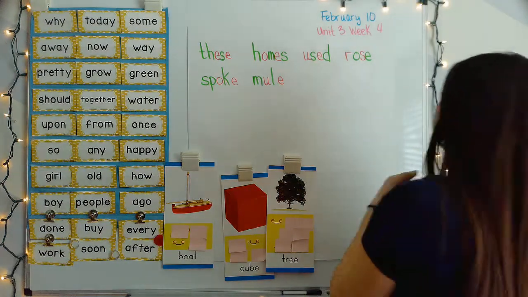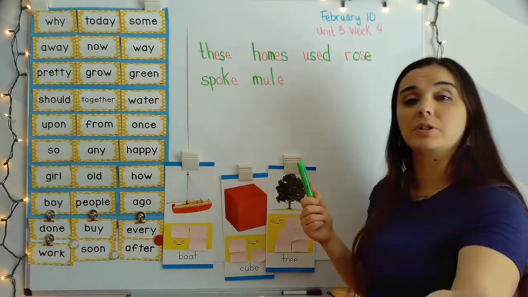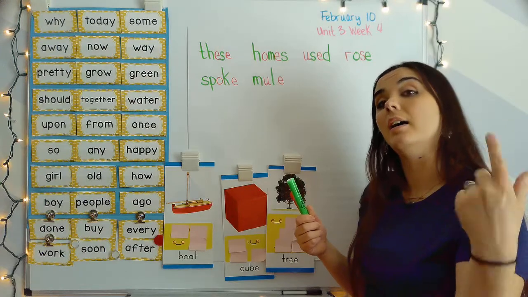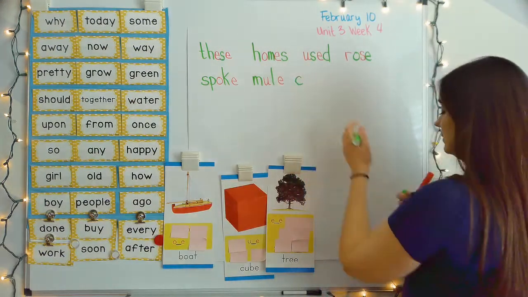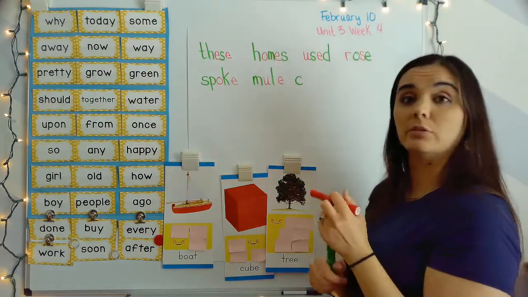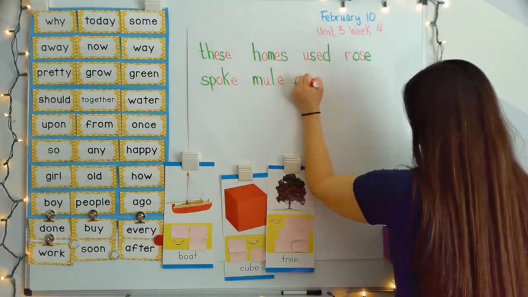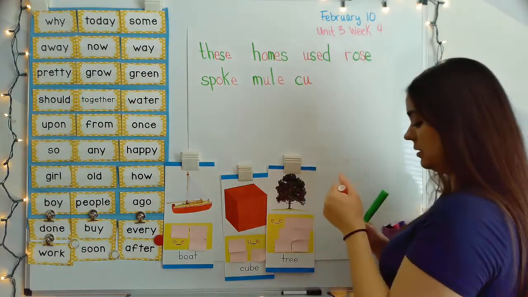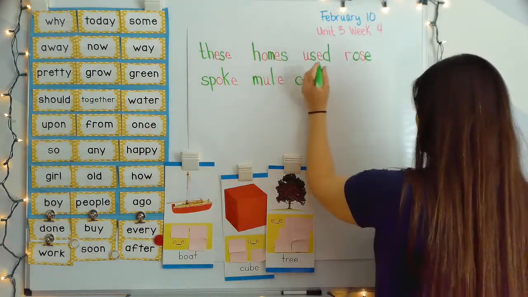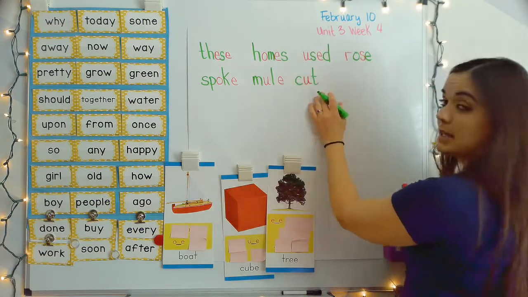And next word. Cut. Your turn. Ka, U, T. Cut. So in the word cut, I hear short U. Regular U. What we think of as the U sound. Ka. T says ta.